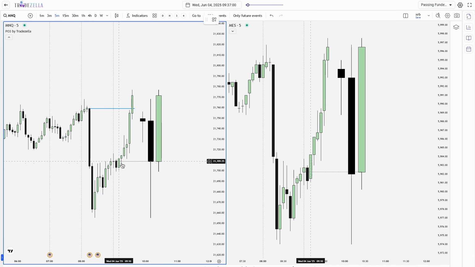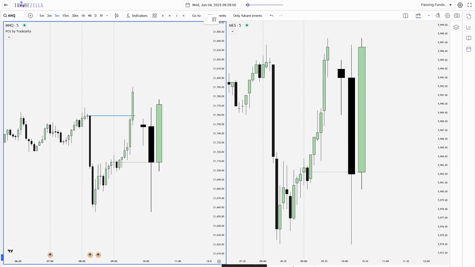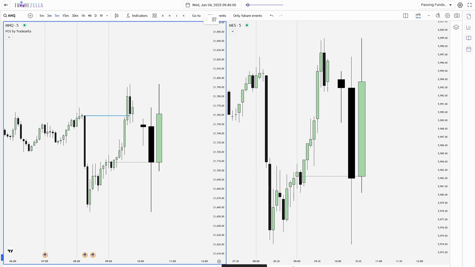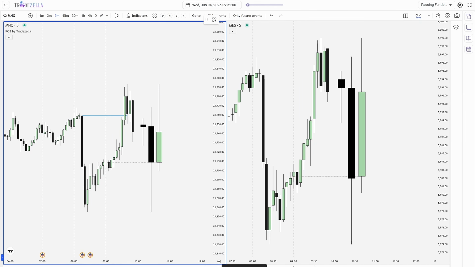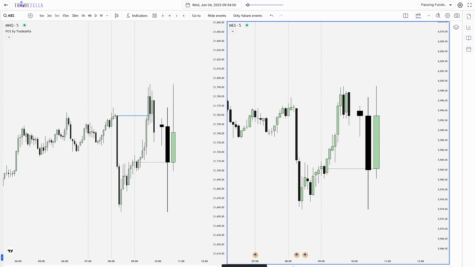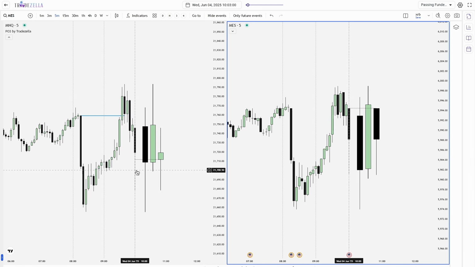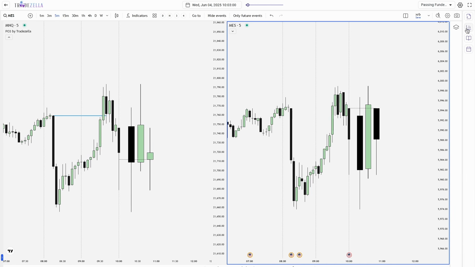I can enter within the 9am candle, but I'm always trading post 9:30, so we will see if it provides us any continuation entries. And I don't think so. Do we have some news at 10am or something?